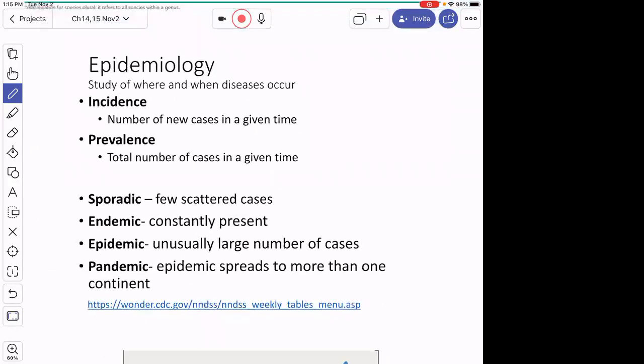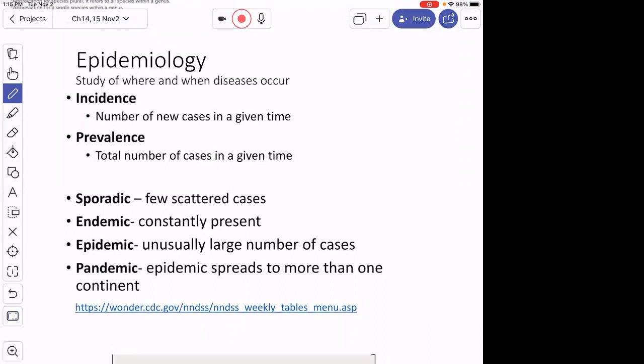Just to wrap up here, I want to talk about a little terminology that we use, especially when we're thinking about epidemiology, a hot topic these days, the study of where and when diseases occur. So it's good to be fluent in some of these terms. You've heard many times before the difference between incidence and prevalence.